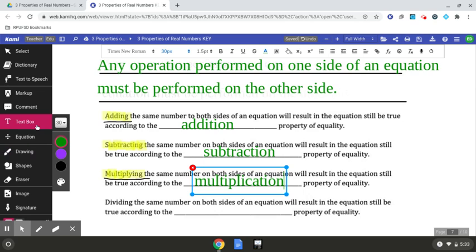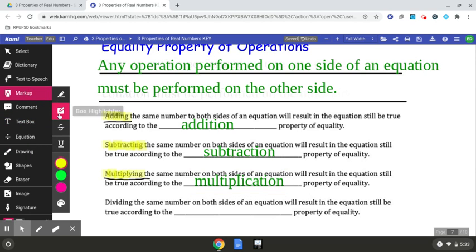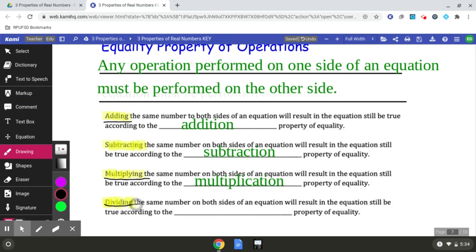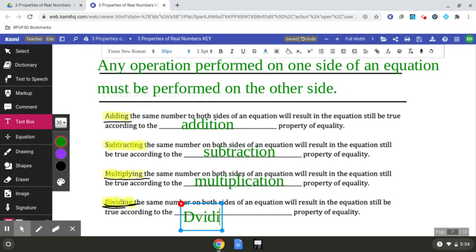And the last one says that if we divide by the same number on both sides of an equation, it will keep the equation true. So again, we're dividing here, and that would be called the division property of equality.